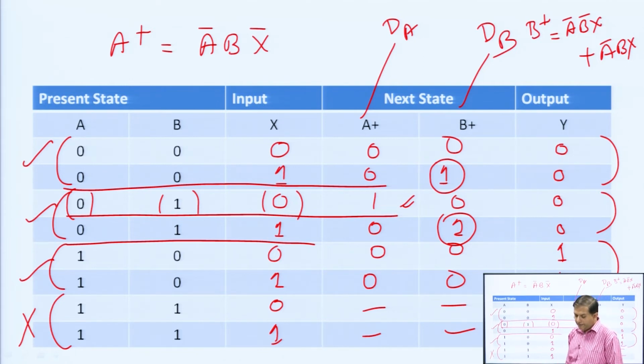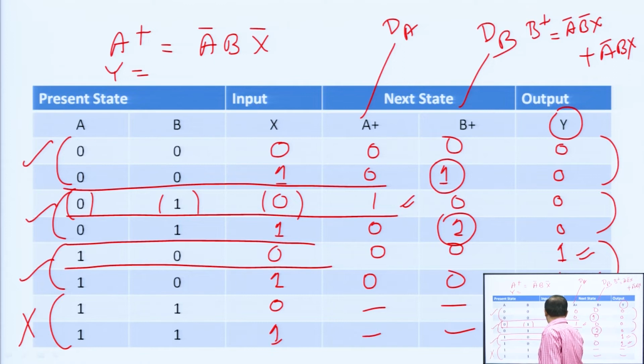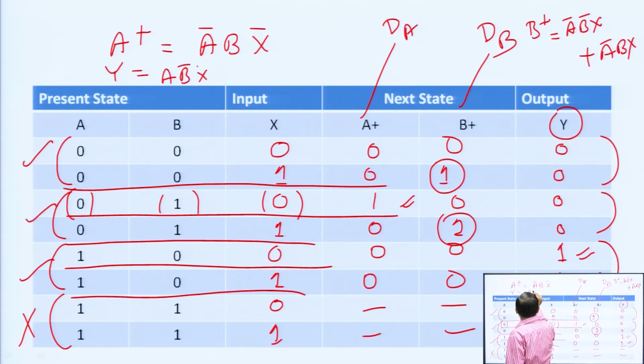Okay. And Y is 1 for these two conditions. So, Y will be A B bar X bar plus A B bar X.